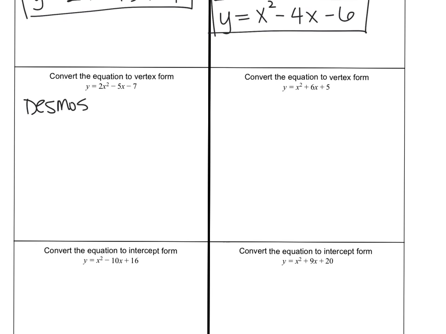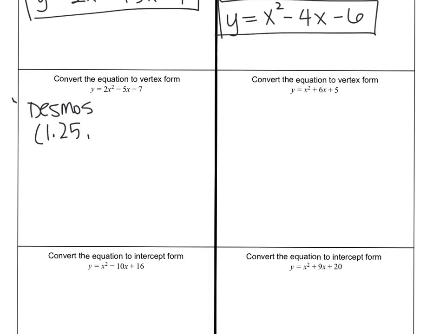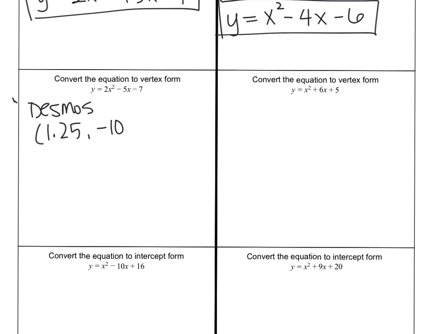So I can graph my equation in Desmos, y equals 2x squared minus 5x minus 7. Identify the vertex, and then do what we were doing before. So 1.25, negative 10.125.